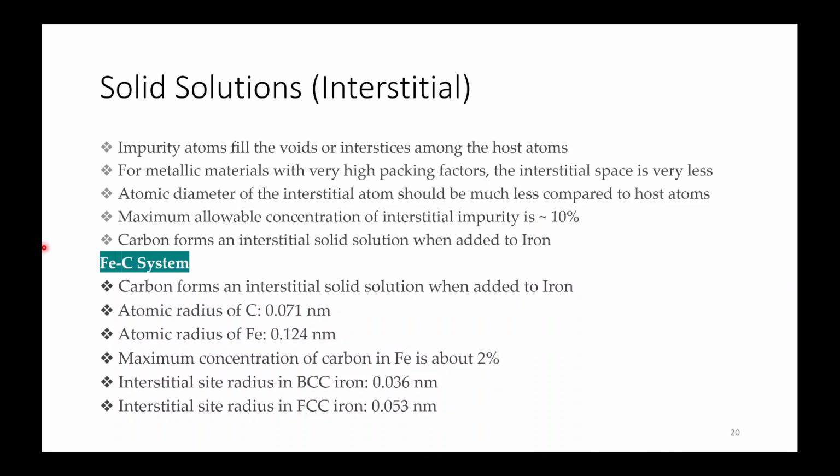Carbon forms an interstitial solid solution when added to iron. In the iron-carbon system, their atomic radii have a huge difference, and the maximum concentration of carbon in iron possible is 2.1%.